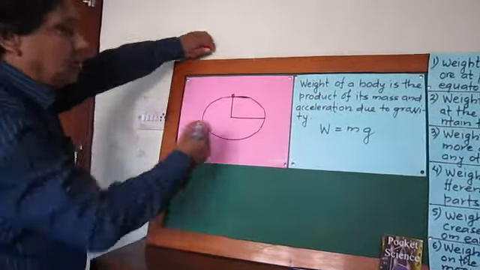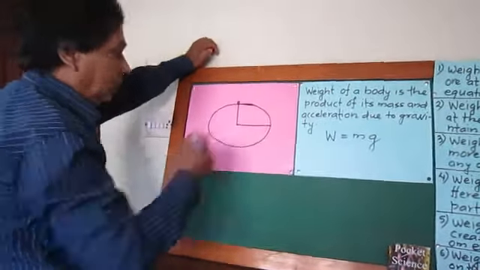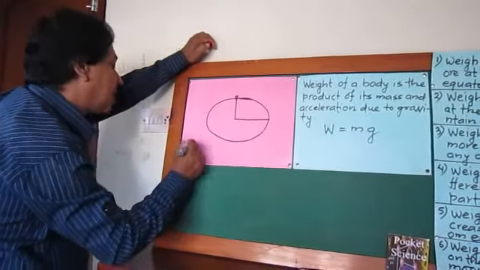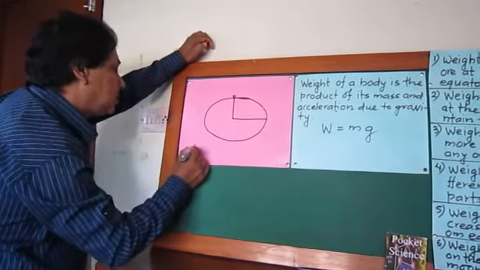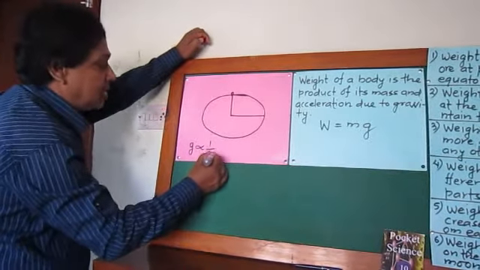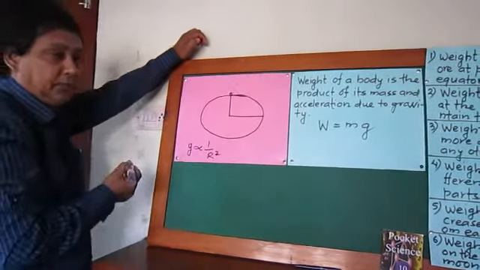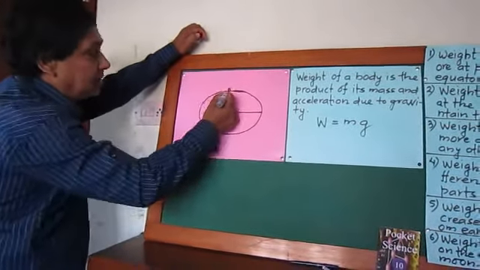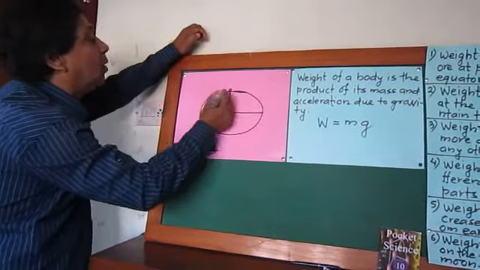Now let's talk about the previous understanding. What I told you in the previous class: acceleration due to gravity is inversely proportional to the square of the radius of the earth. The meaning is, if radius is less, g will be more.